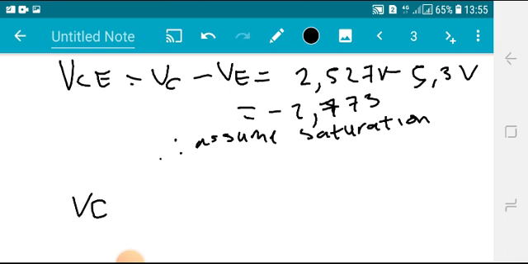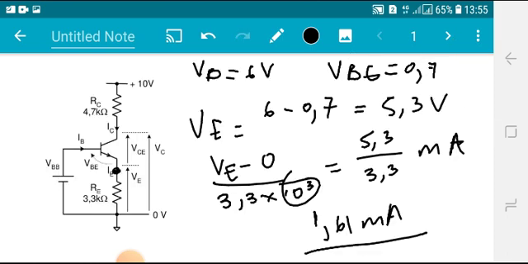So our working for VE, which is this guy here, remains the same, namely 6 minus 0.7, 5.3. The only catch in this case is the collector voltage; we need a new way to figure out what collector voltage is.